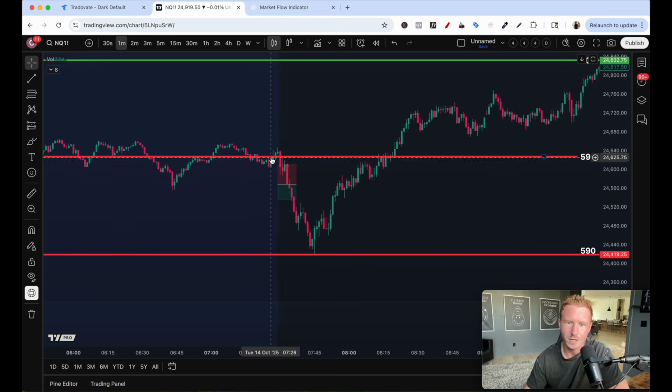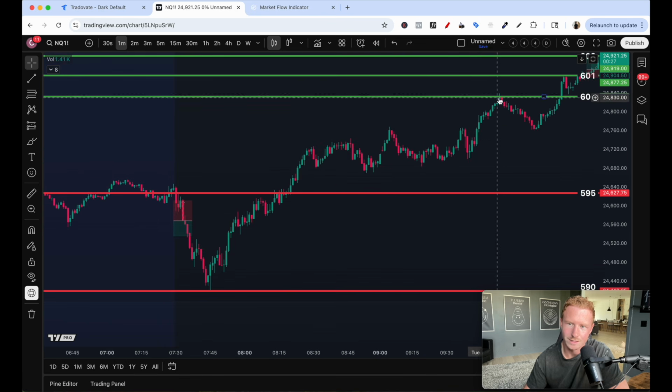When we see us break a key level like 595, we knew the institutions are going to have to sell, and sell all the way at least to this area, which is like 593, 592 on QQQ. And then the last area was that 590 level, which we perfectly bounced off of, went back to 595, got above it, and then started going to 600.